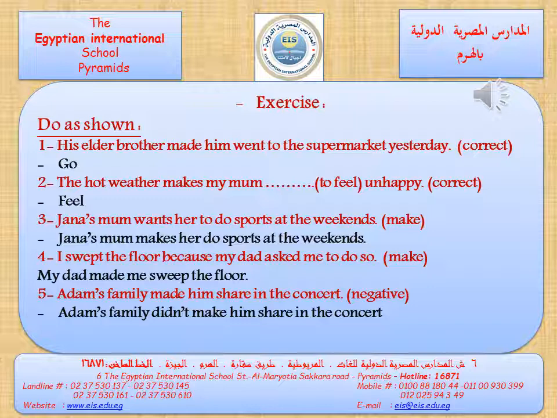So Jana's mom here is the reason, so she is the subject. Is the sentence in the past or in the present? For sure, it's in the present. So make will be in the present form, and because of Jana's mom, it will be makes. You are right. So Jana's mom makes her do sports.